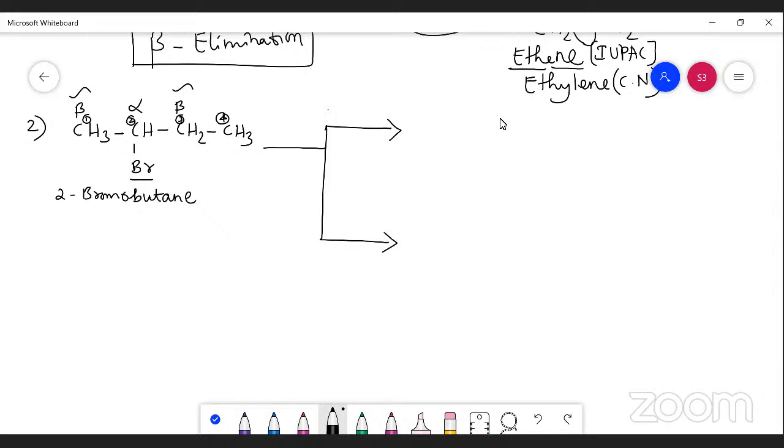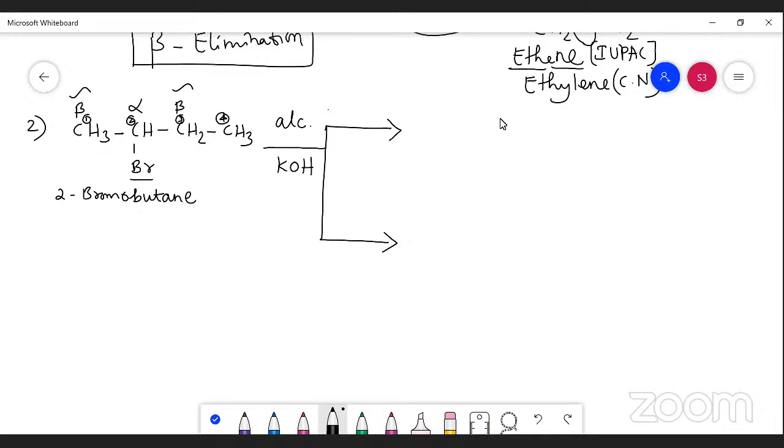Now, whenever this haloalkane reacts with alcoholic potassium hydroxide, in the presence of potassium hydroxide, it will undergo an elimination reaction. Now, what is this elimination reaction?